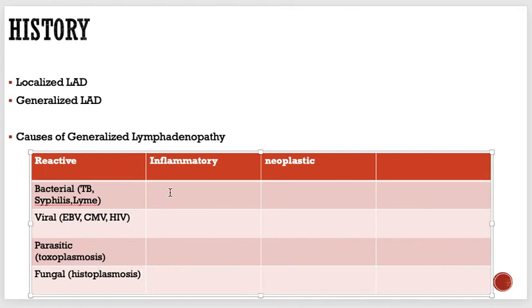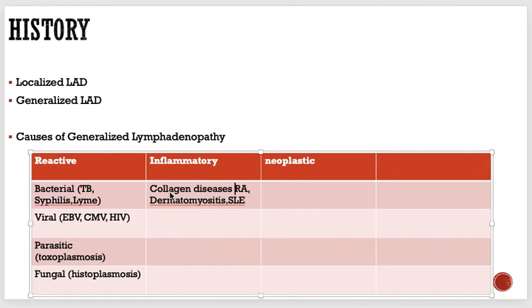When we come to the inflammatory one, again, think first of all about rheumatological conditions. For example, rheumatoid arthritis can give it, dermatomyositis can give it, SLE is a very important example. Collectively, they are called collagen vascular diseases, collagen diseases, by the way.